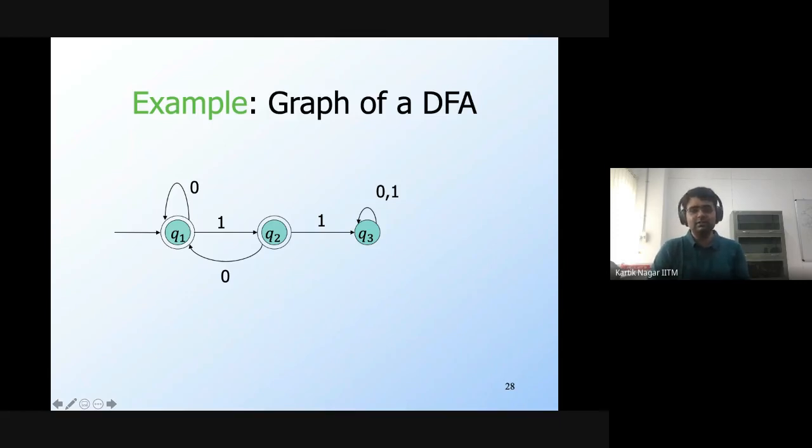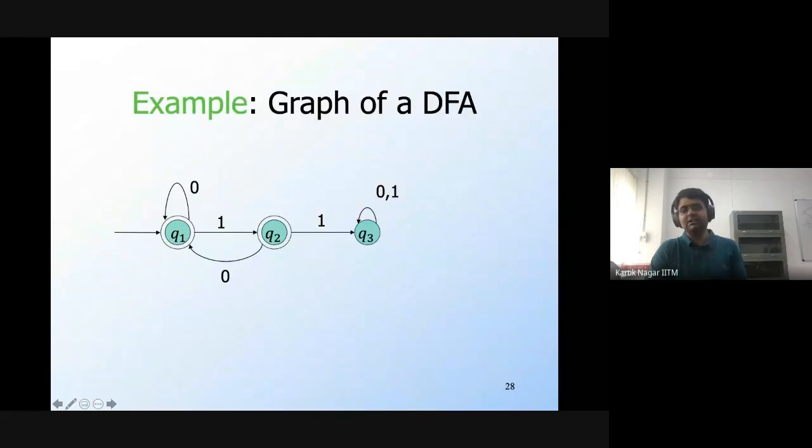What's another example of a string that's not accepted by this DFA? Vineet is saying that any string that has two consecutive ones, 1 1, as a subsegment is not going to be accepted by this DFA. That's actually correct.